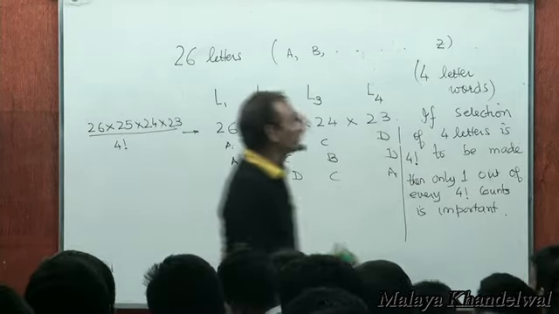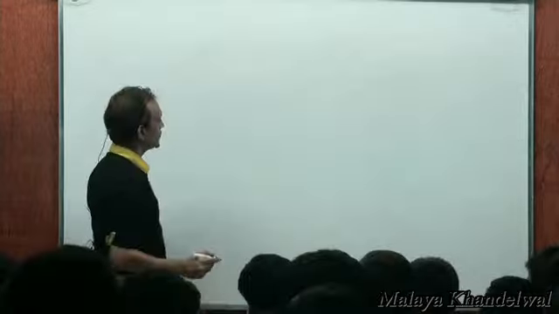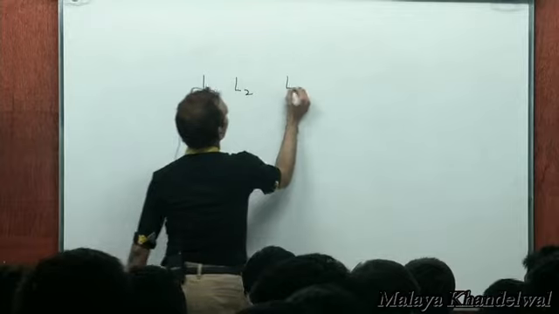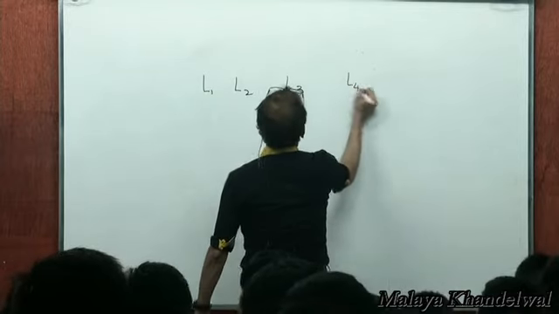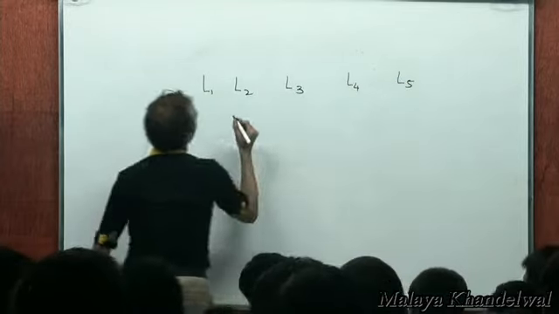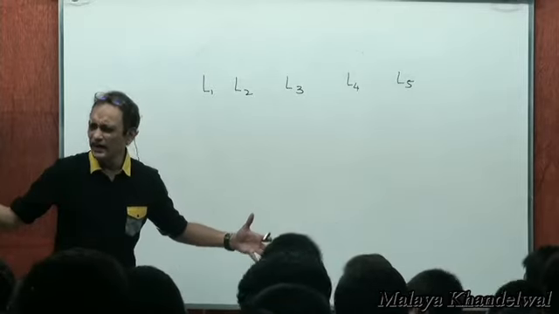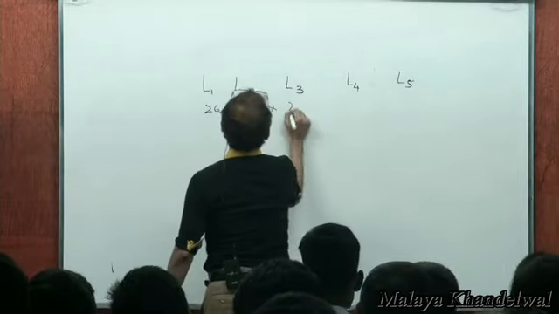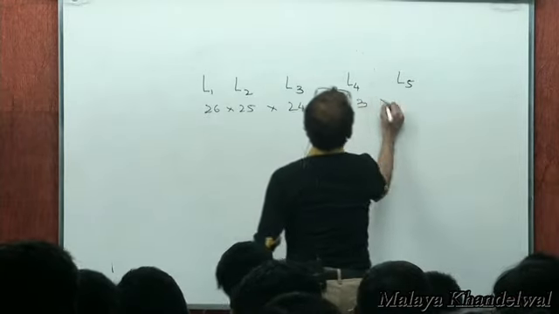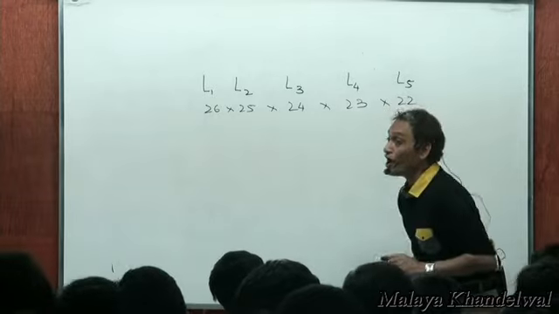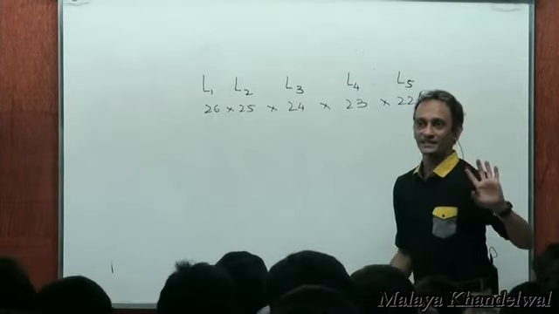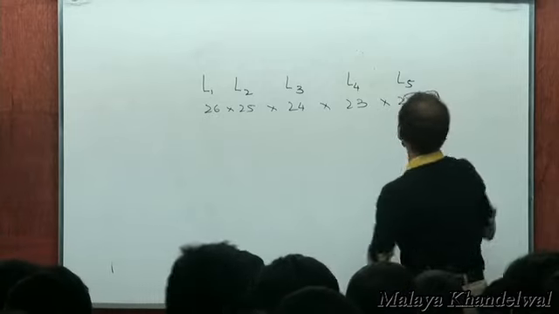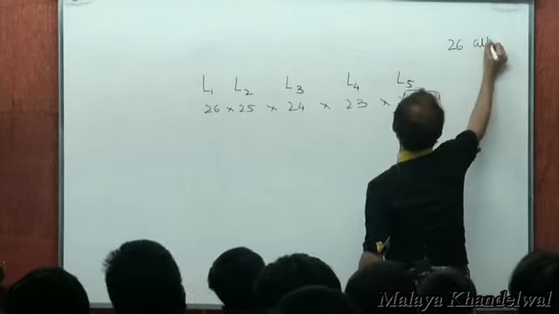Now, same way, if I had 5 letters, L1, L2, L3, L4, L5, and I had to create 5-letter words out of 26, it's going to be 26 into 25 into 24 into 23 into 22. These would be the number of 5-letter words with distinct letters created out of 26 alphabets.